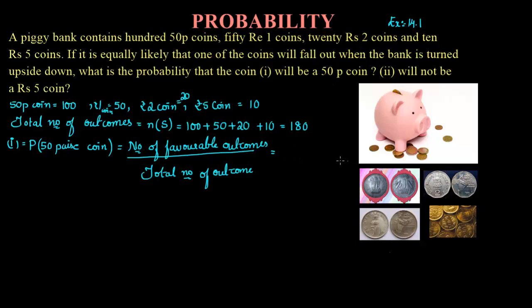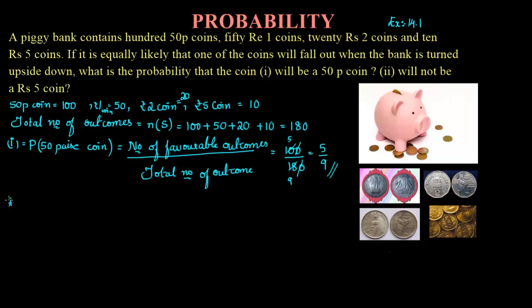It is 100, divided by the total number of outcomes, which is 180, right? So 0 and 0 will get cancelled, and 2 5s are 10, and 2 9s are 18, right? So 5 by 9 is the probability of getting 50 paise coin. Okay, so this is the probability of getting a 50 paise coin that may fall out from the piggy bank.